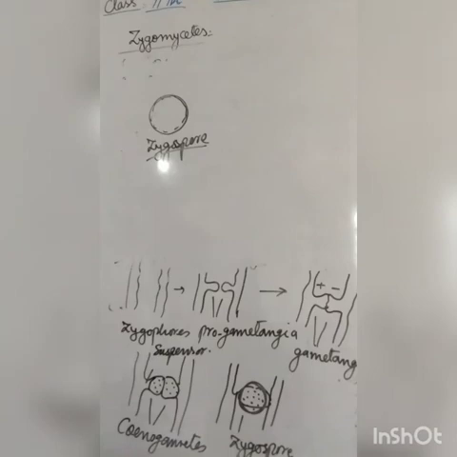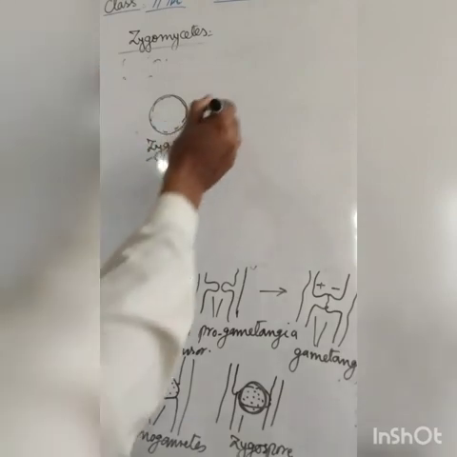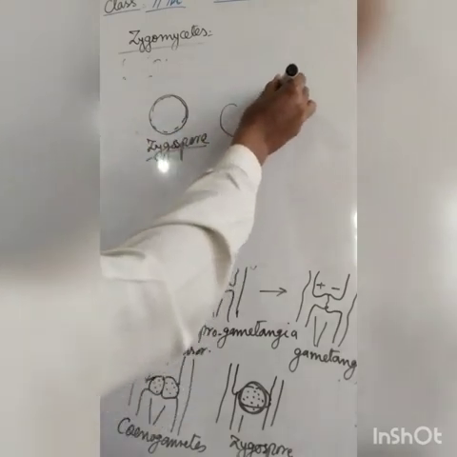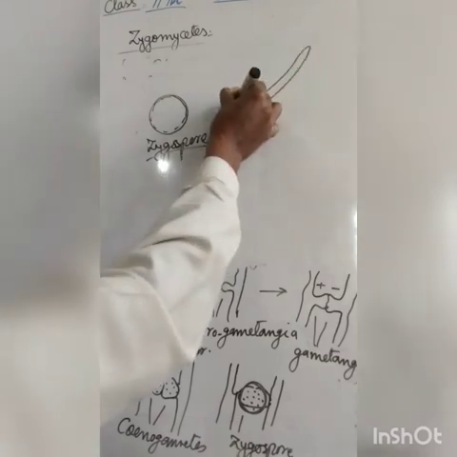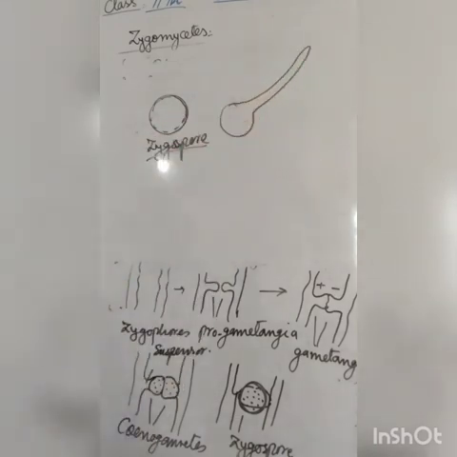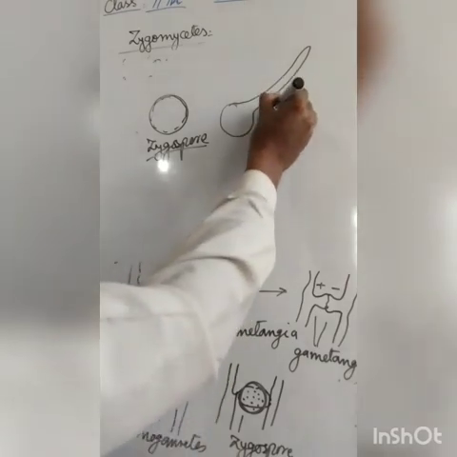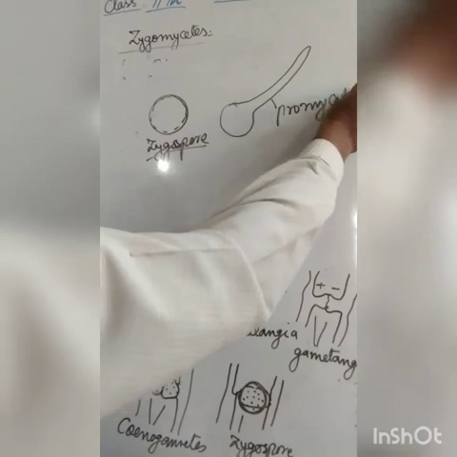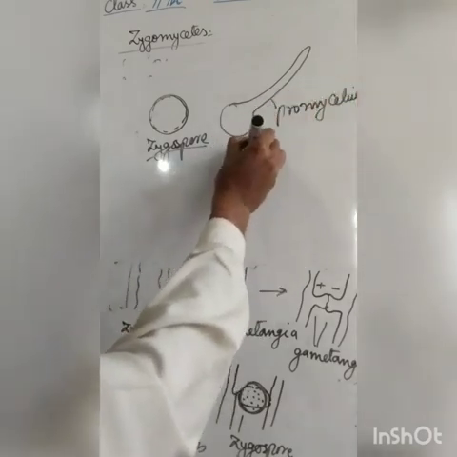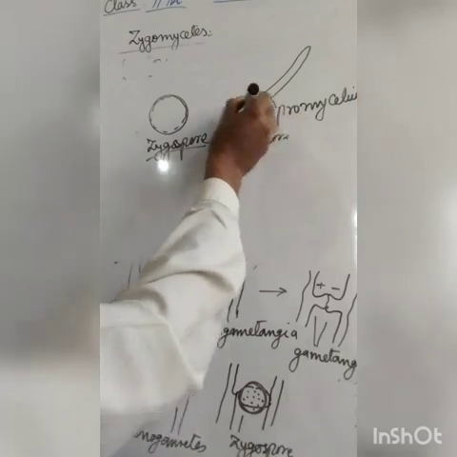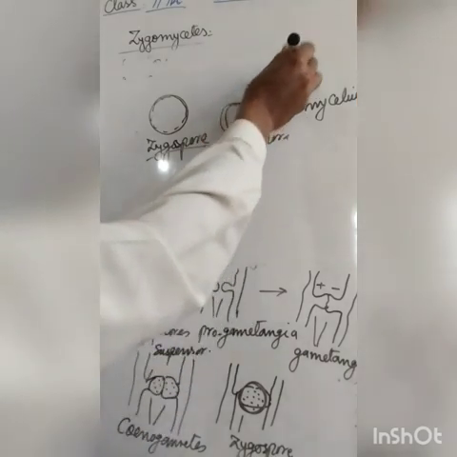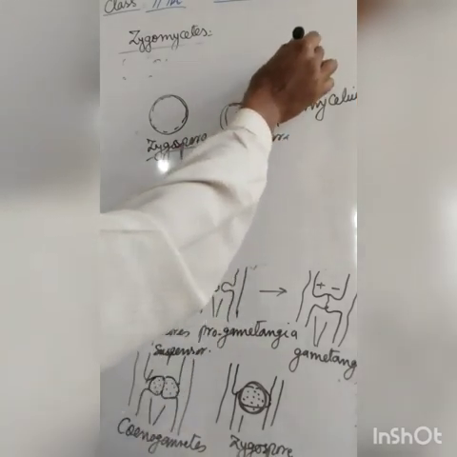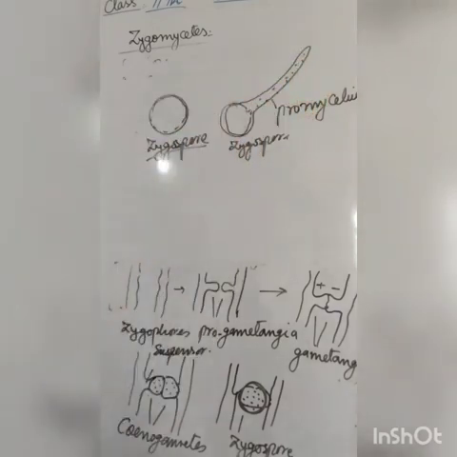The zygospore germinates and forms a hyphae-like structure called promycelium.